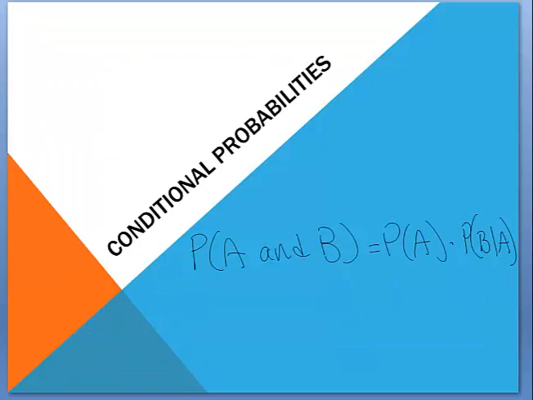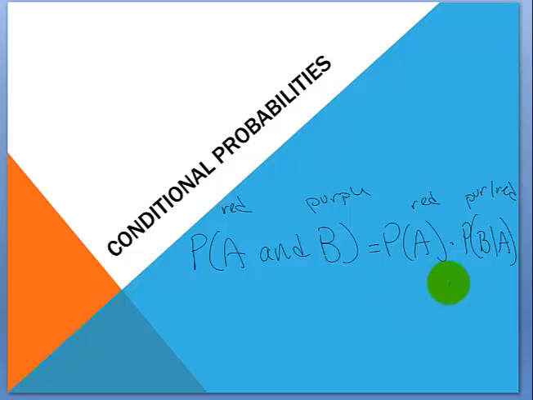So here's a little formula for conditional probability based on what we just did. We had, remember, red, purple, red, then we had purple given red. You can rearrange this formula depending on what the question's asking.